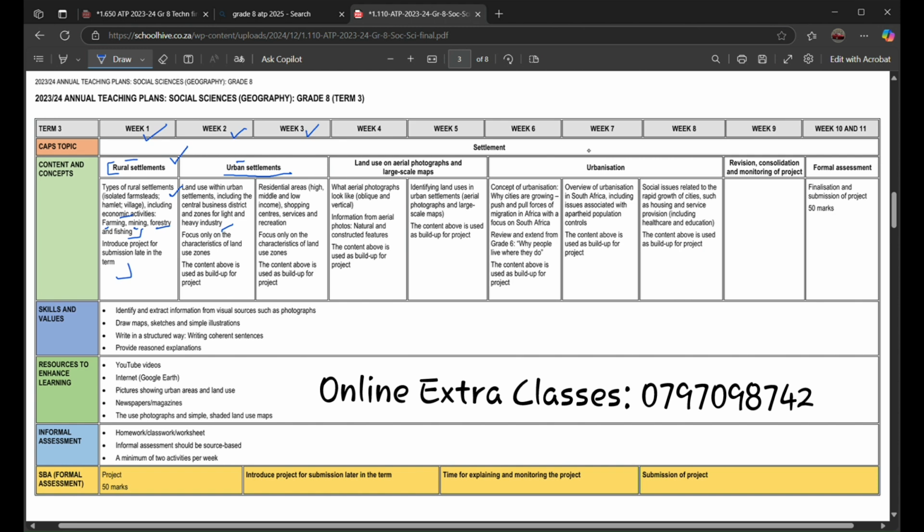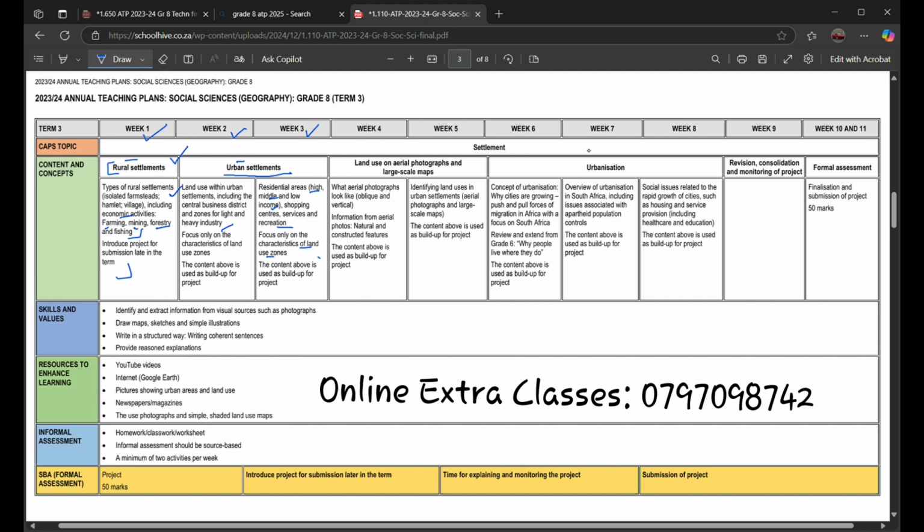And under week 3, we have residential areas, which may include high and middle together with low income. And here we will also cover shopping centers together with services and recreation. And we will also need to focus only on the characteristics of land use zones.